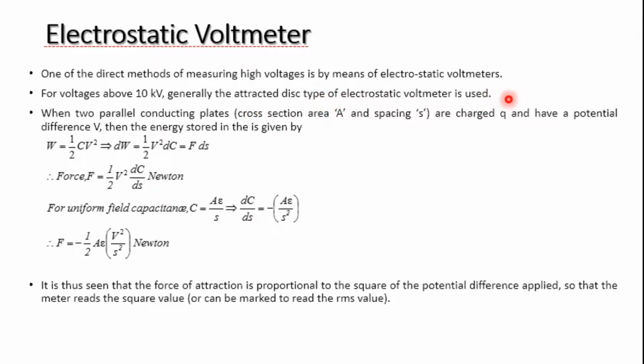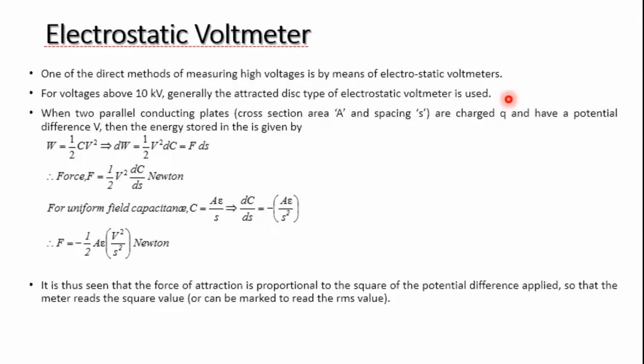Here the reason we go for the electrostatic voltmeter is that there is no direct connection between the source and the meter. So the limitations quoted earlier, like series impedance, capacitance potential dividers and capacitance voltage transformers, can be overcome by this method because there is isolation between the source and the meter reading.